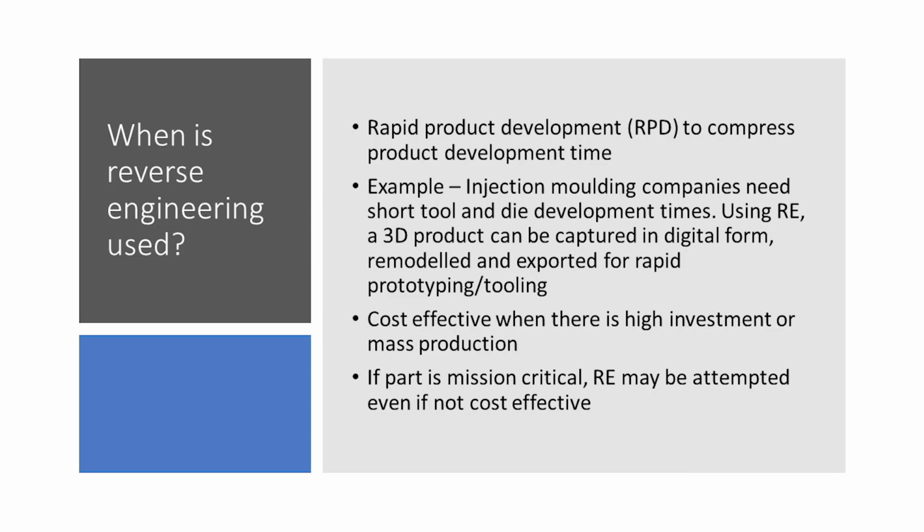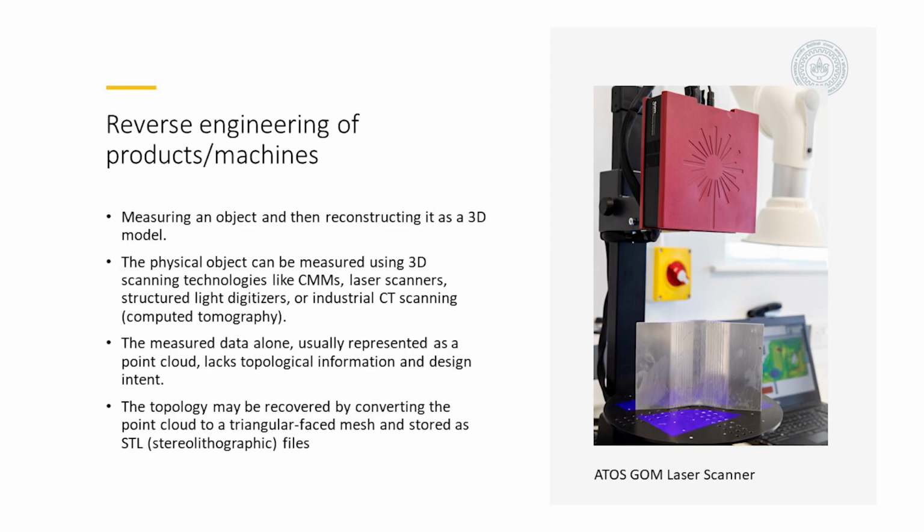Sometimes even if it is not cost effective, if it is quite critical to a certain mission, certain project, then companies may still attempt to reverse engineer parts or the entire product. Okay. So, if it is very crucial to the functioning of your product, then you may carry out reverse engineering.